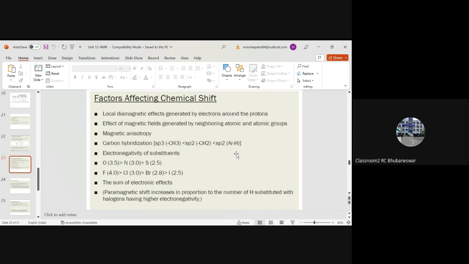So here also, if you change the electronegativity of the substituents, your chemical shift will be affected. Some electronic effects, nearby effects, also matter a lot. Then paramagnetic shift increases in proportion to the number of protons substituted with halogens having higher electronegativity.